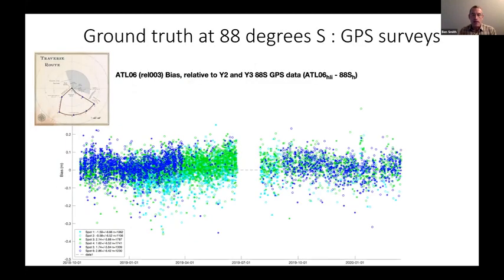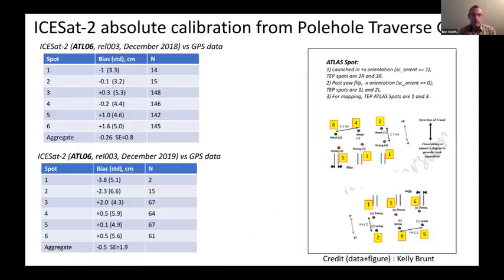We've also got a traverse that we send out basically every year to measure elevations along the pole hole using GPS. And if we compare those to ATL06, we get a cloud of elevations. These are based on much shorter segments of ATL06 data, so their statistics are a little bit worse.